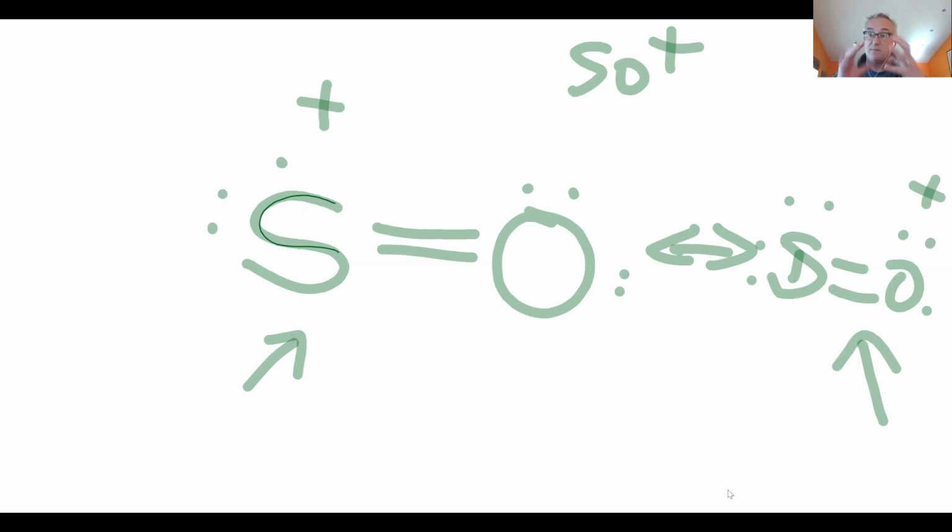So you remember what we then do when we have that situation? What can we draw in the place of either one of those? You remember what we called it? We have this structure and we have this structure, and we say they're resonance.